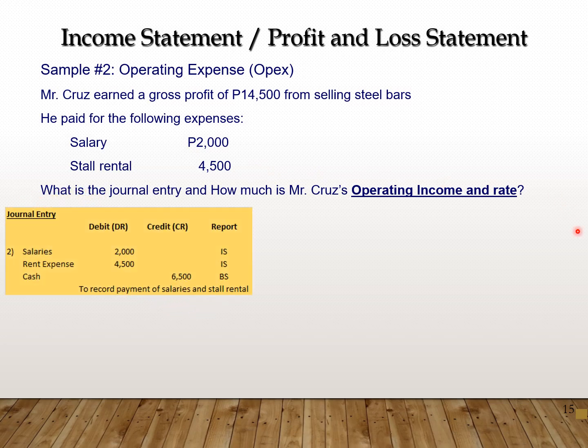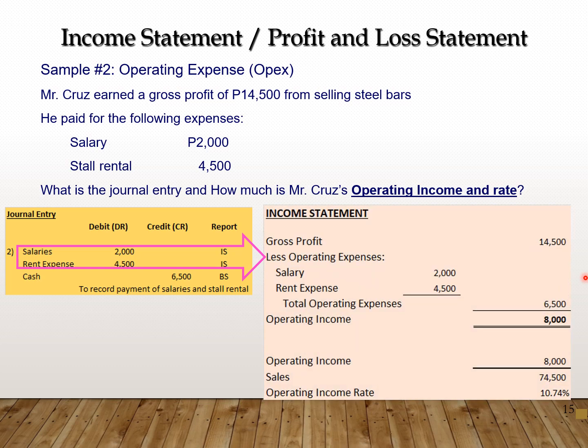For the journal entry, we have debit salaries of 2,000, debit rent expense of 4,500, and credit cash of 6,500. This is to record payment of salaries and store rental. These two accounts will be reflected under operating expense account of the income statement.